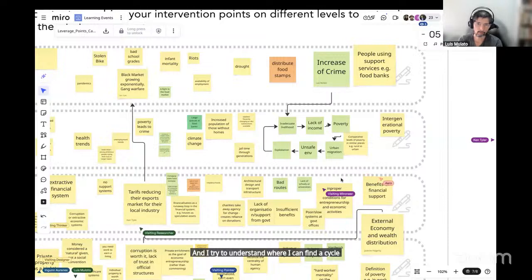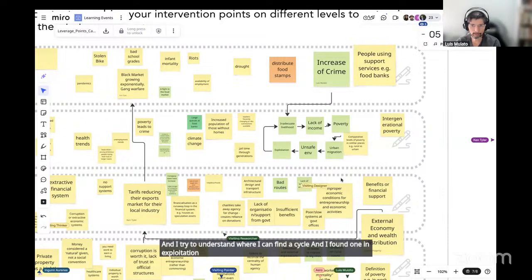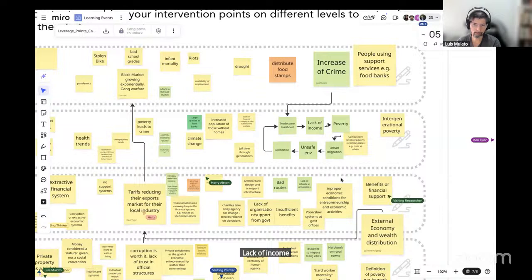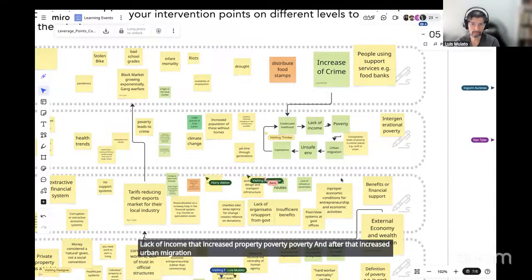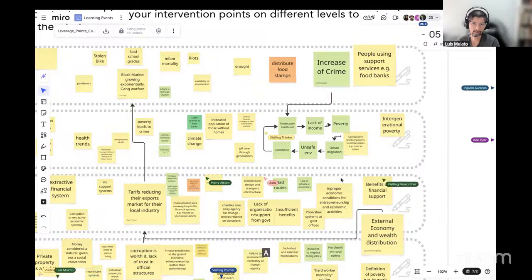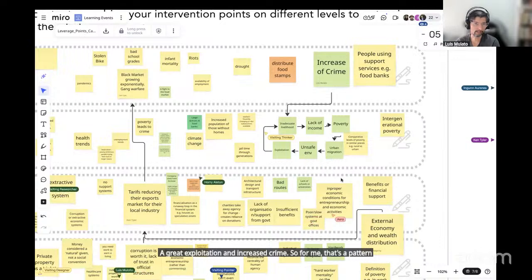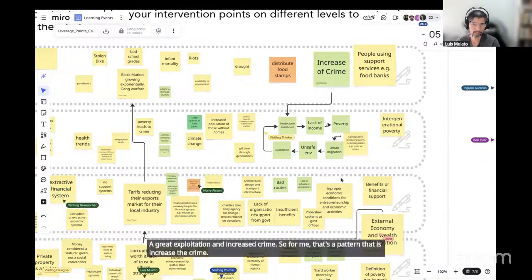And I found one in exploitation, inadequate livelihood, lack of income, that increase poverty, and after that, increase urban migration that created unsafe environments, create exploitation, and increase crime. So for me, that is a pattern that increases the crime.